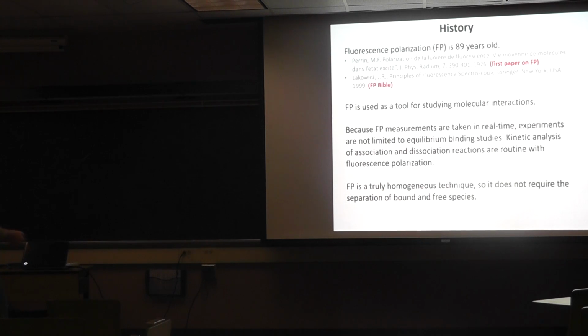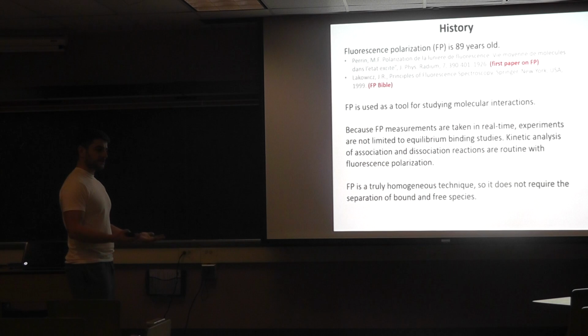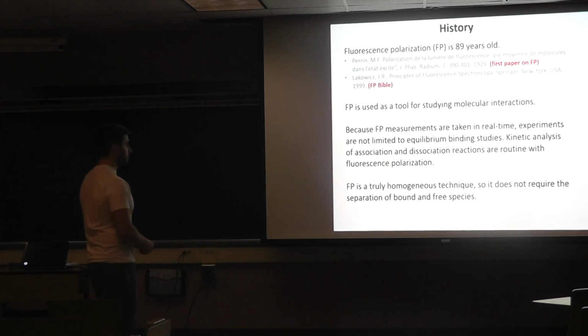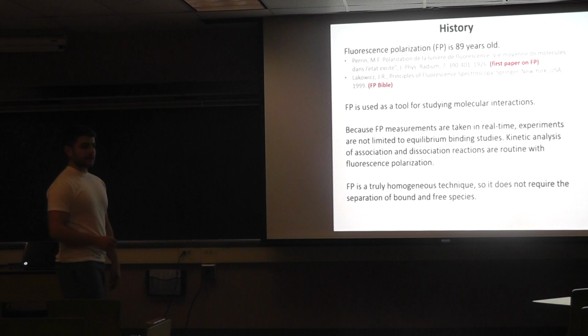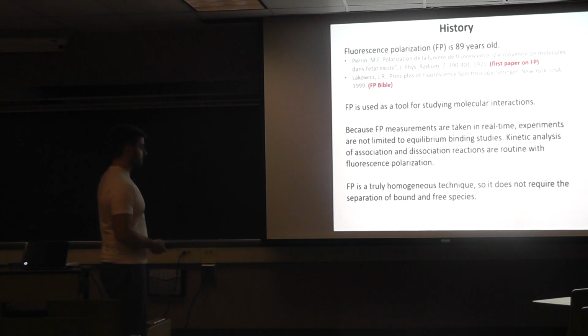It is a homogeneous technique, so it doesn't require separation of bound and free species, and this seems to be one of the major advantages of this technique, because some of the other studies require you to separate these 2 species, and then you analyze your data. And most of these techniques use radioactive materials, so that's another advantage.